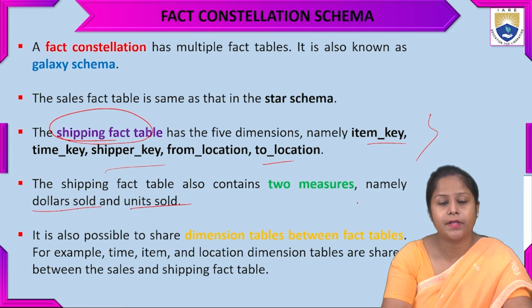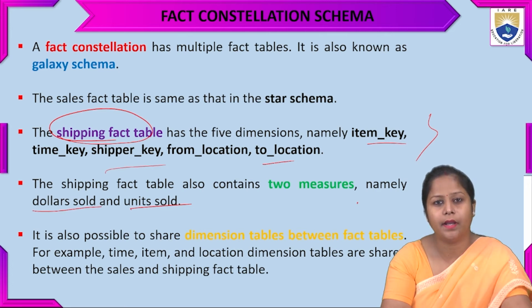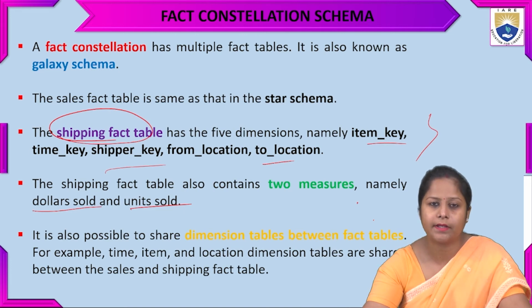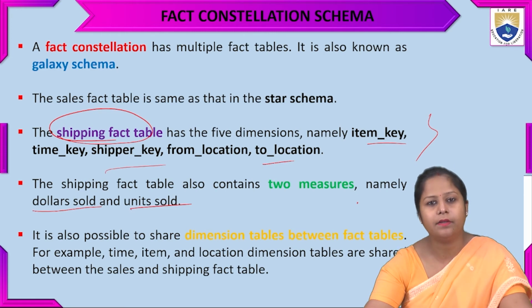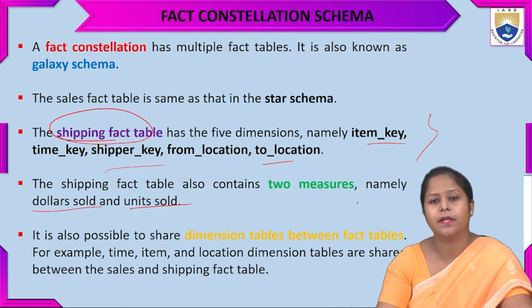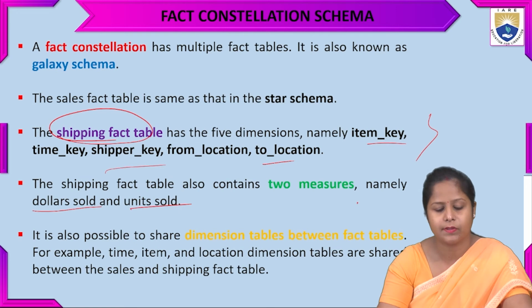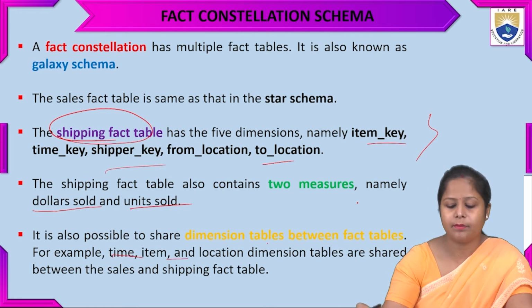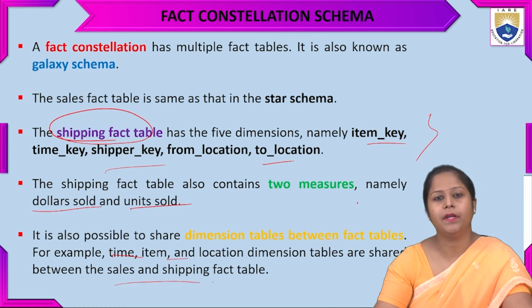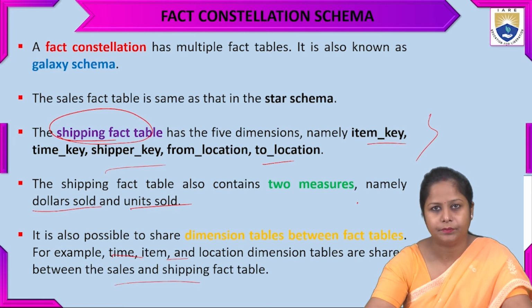The first fact table, sales, has four dimension tables, and the shipping fact table uses the same item and two of the dimension tables from the first fact table, so there is a possibility they can share dimension tables. For example, the time, item, and location dimension tables are shared between the sales and shipping fact tables, right? So that was from the example.